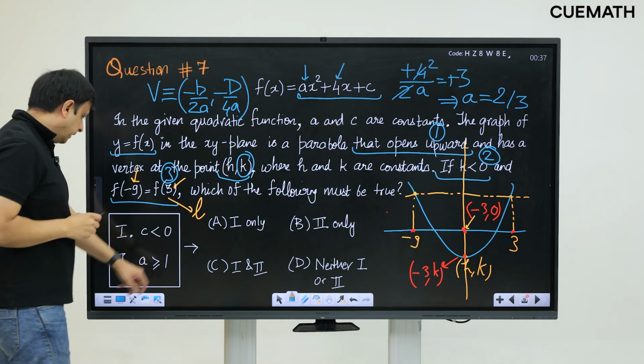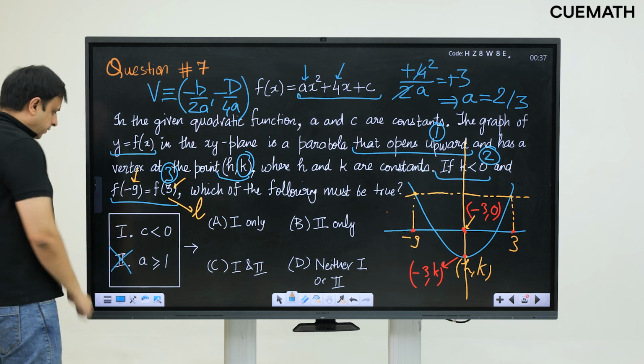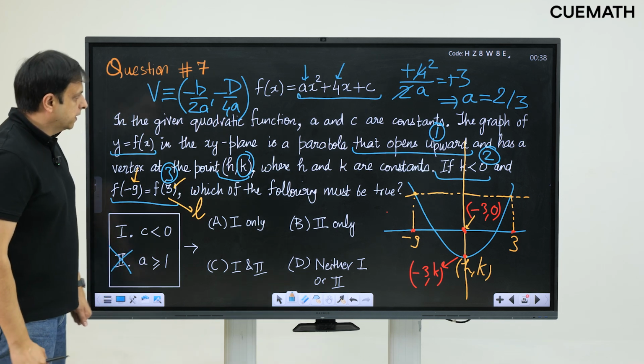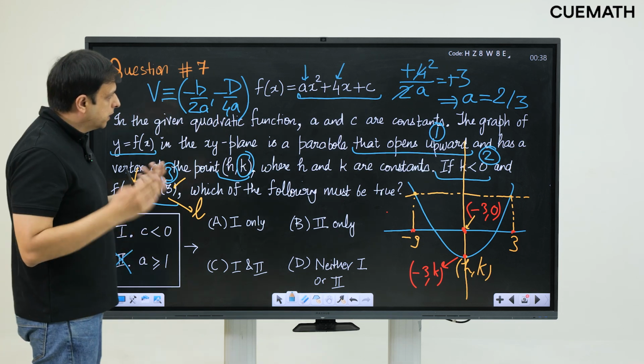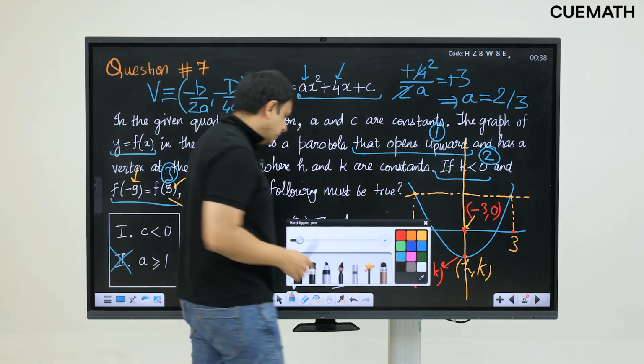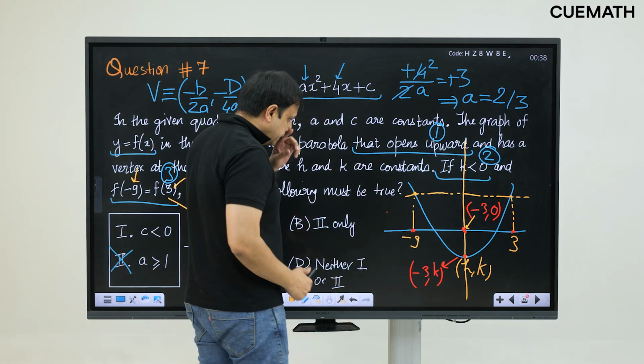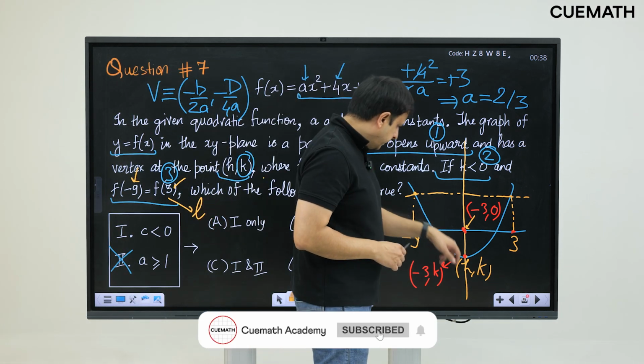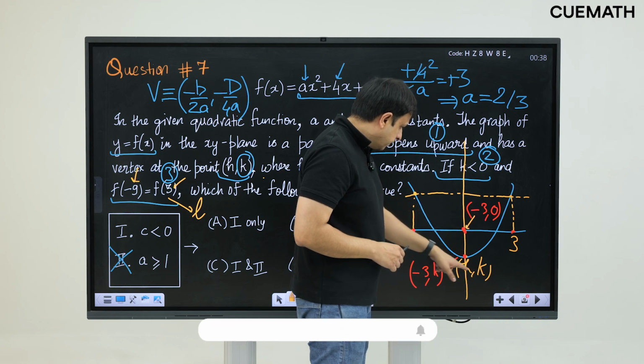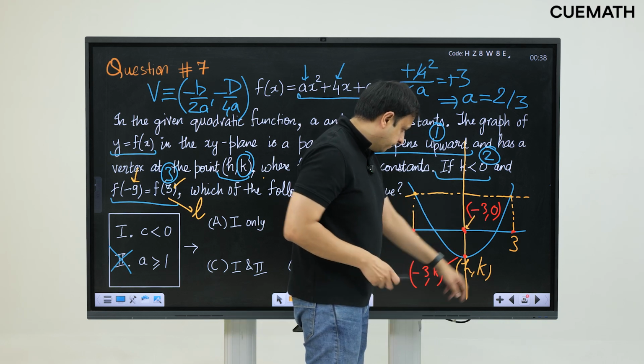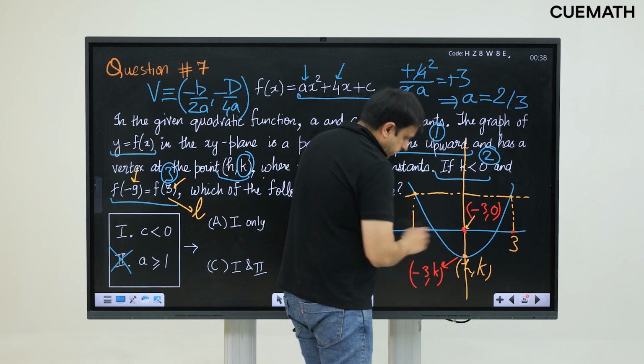Alright, and that means that a greater than or equal to 1 is definitely not true, and therefore, the second statement is untrue. Now, let us think about what c could potentially be. For that, I will observe that for x equal to -3, the value of y is k, and that corresponds to this vertex here.